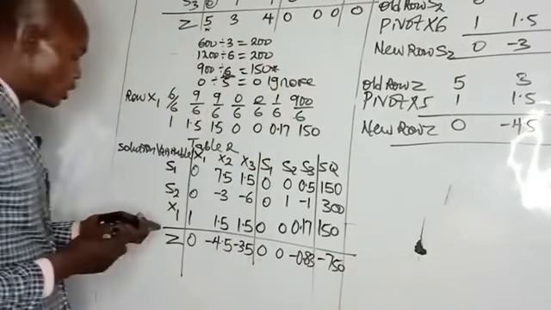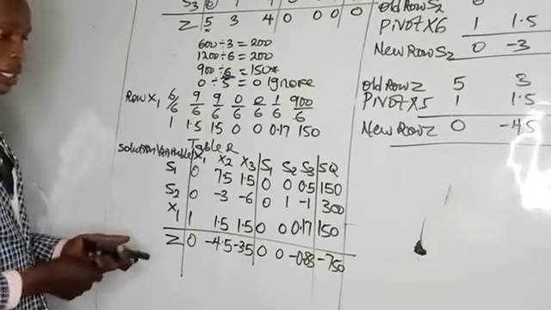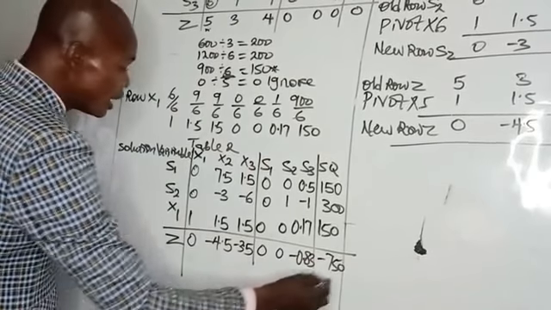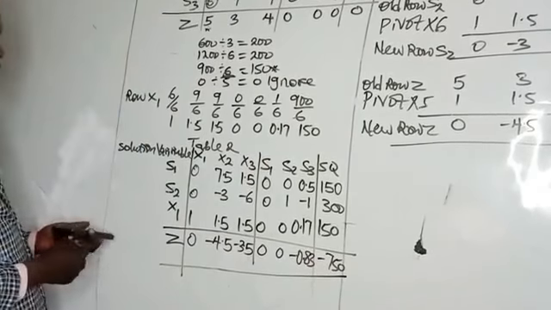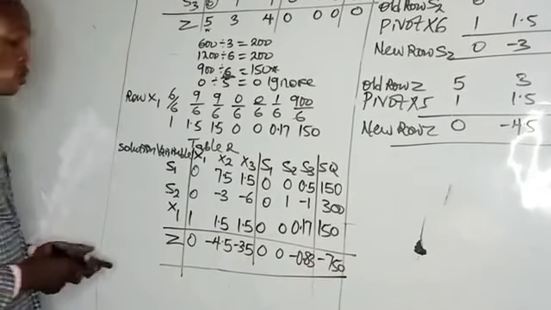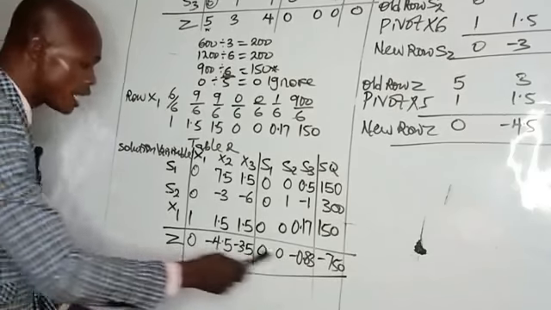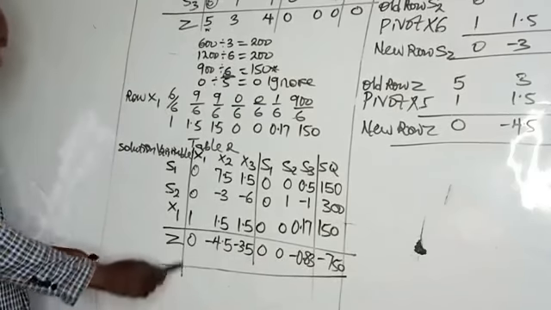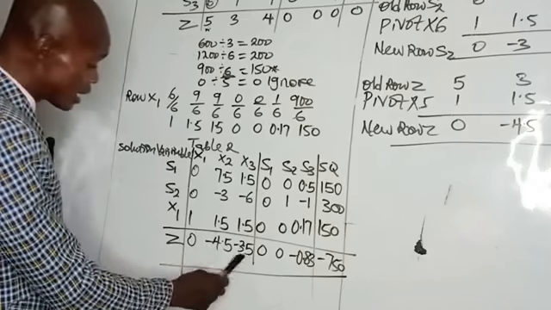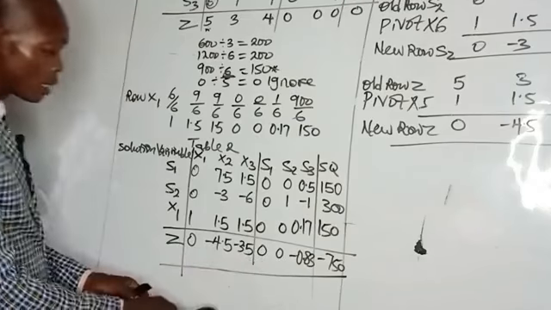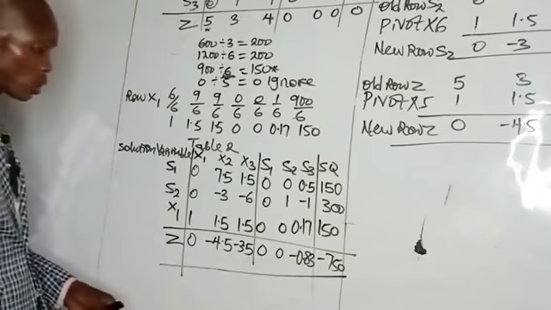Remember, I've told you that the optimal solution is reached at the level where all the variables in the objective function row are either 0 or negative. If you check, you have a 0, this is negative, this is negative, this is 0, this is 0, this is negative, and this is also negative.